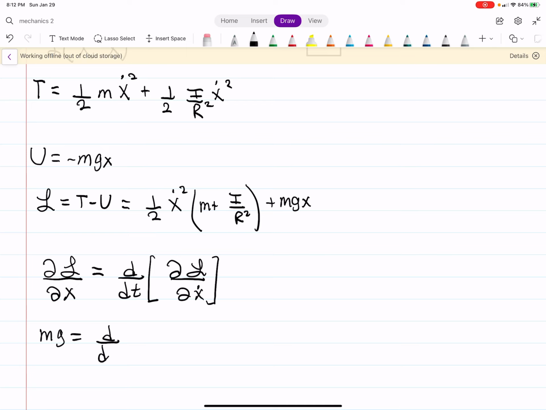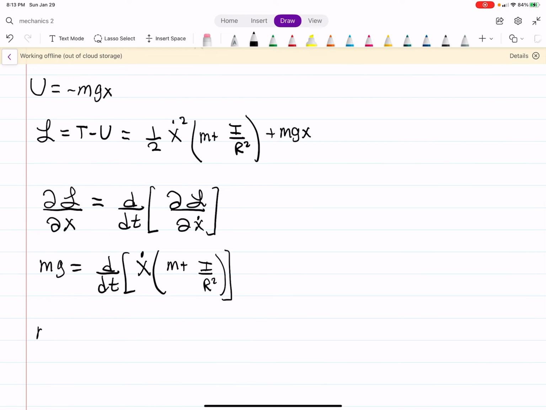And that's equal to the time derivative of dL by d x dot, which will just be x dot times m plus I over r squared, because we're only taking the derivative of x dot. So the 2 comes down, the 1/2 goes away. And then taking the time derivative of that, you get x double dot times m plus I divided by r squared.